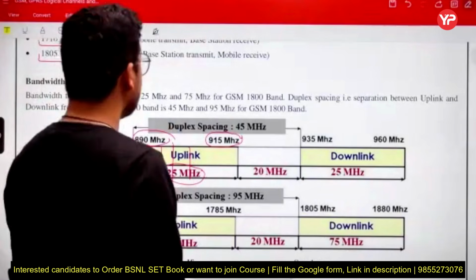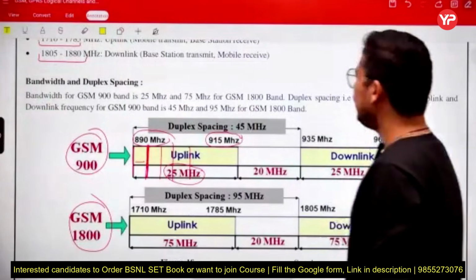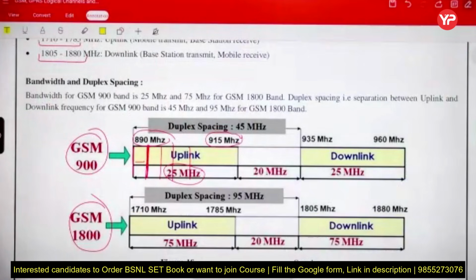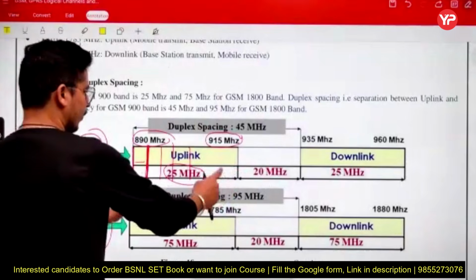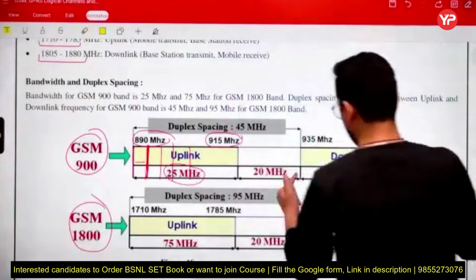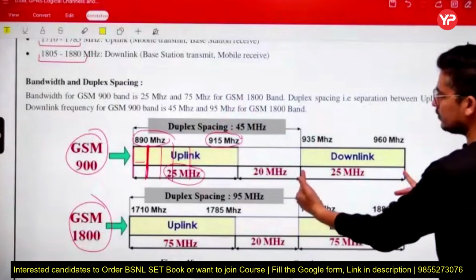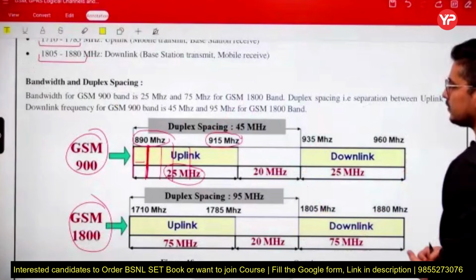In the GSM 900 band, we have a 25 megahertz band for uplink frequency, and for downlink we also have a 25 megahertz band.